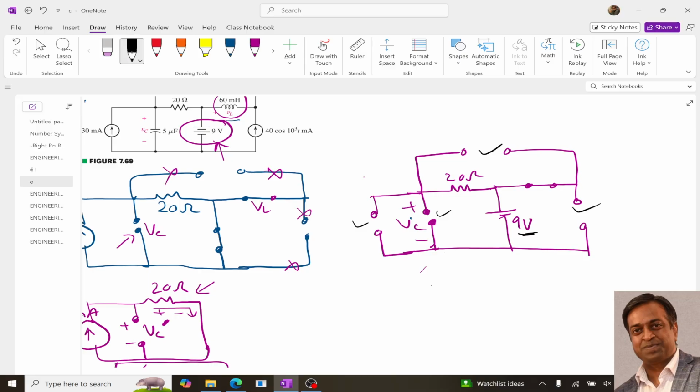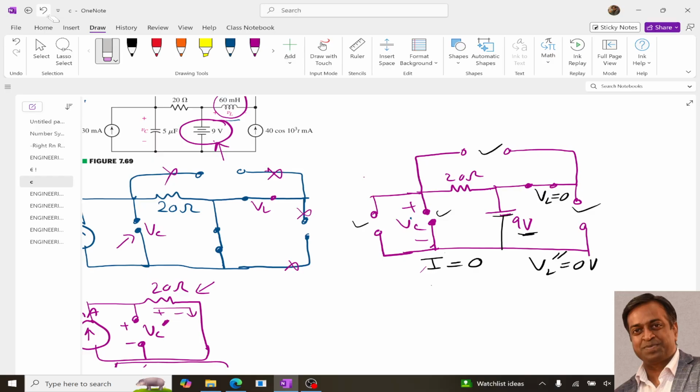And since there is no closed path, the current in the circuit will be 0, and it means that our VL double dash will be 0 volt. Why 0? Because it is still short circuited, so the voltage across the short circuit is always 0.